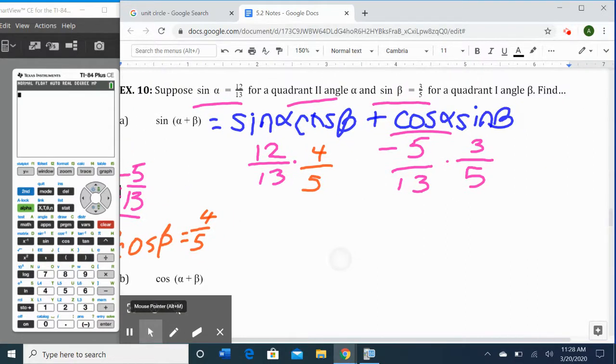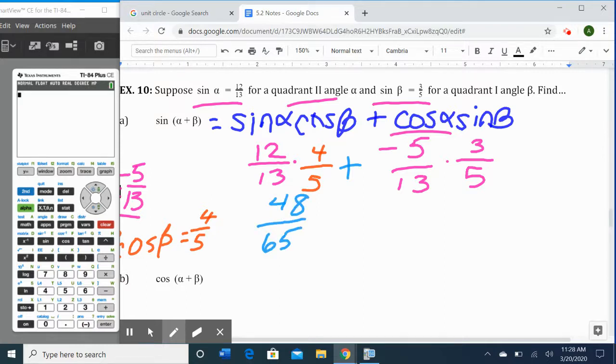Then I'm going to add together these two fractions. 12 times 4 is 48. 13 times 5 is 65, and you can use your calculator by all means. The 5s do cancel, but I'd rather have the common denominators of 65 than have to get a common denominator back.